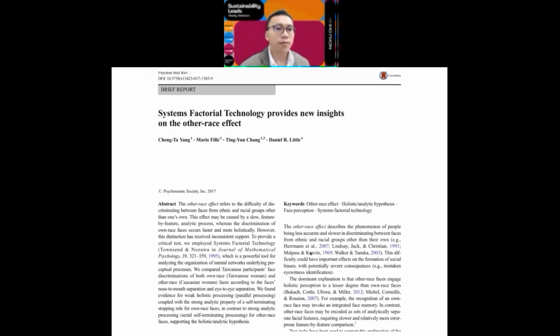People may have difficulty recognizing faces of another race. For example, we are Taiwanese, so it is very difficult for us to recognize Caucasian faces, but we easily recognize Taiwanese faces. This kind of phenomenon is the so-called other race effect.